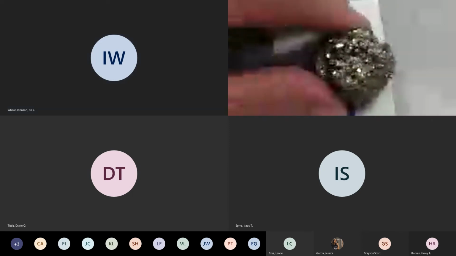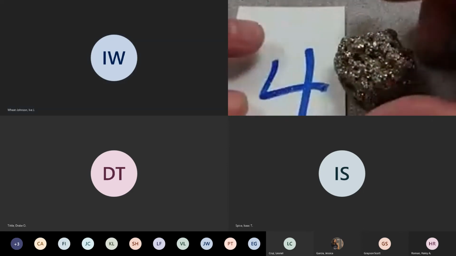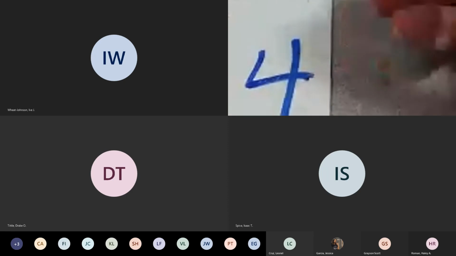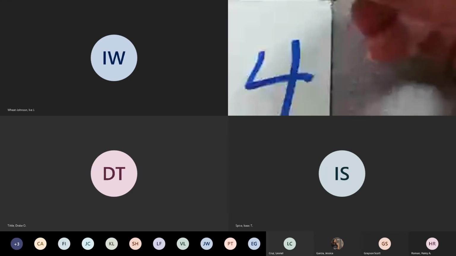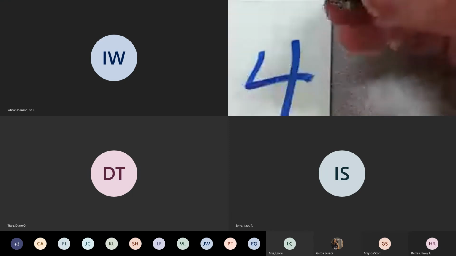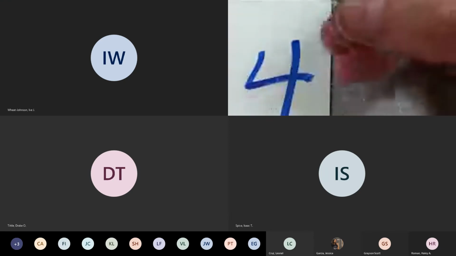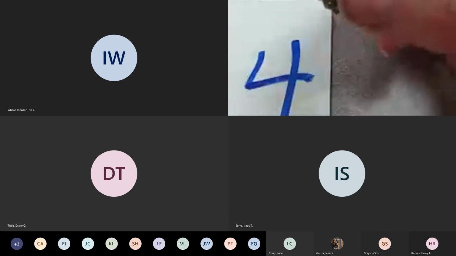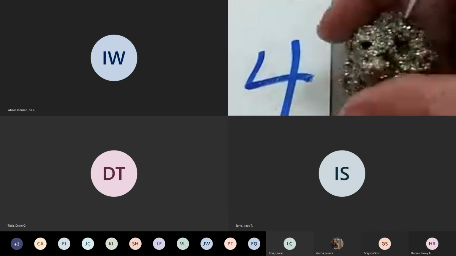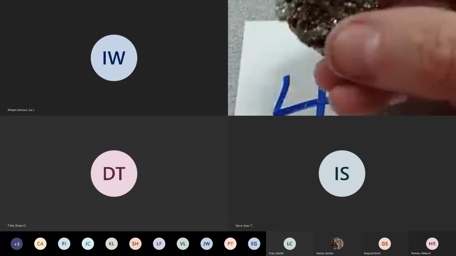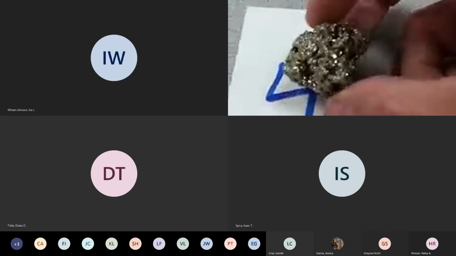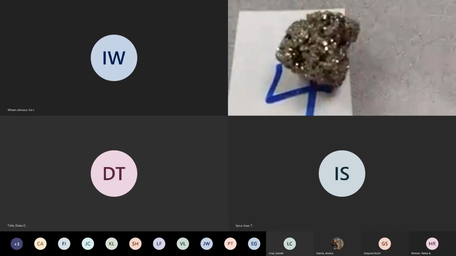Sample number 4. Here is sample number 4, a little bit of a close-up here. So you see when we get to a certain point, oh, nice, it did focus for me there. So luster, metallic or non-metallic? Sample number 4, color. Describe the color of this sample.